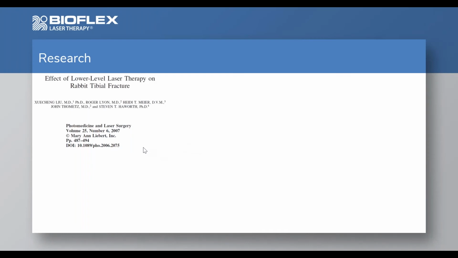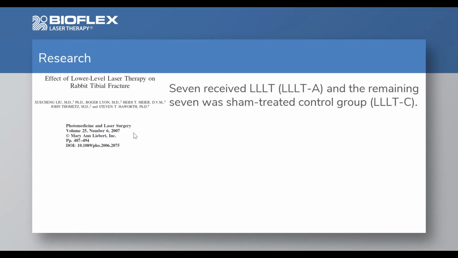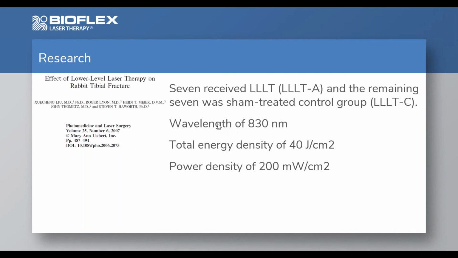Another paper I want to mention, it's an animal model paper. Essentially, what they did here was they looked at creating osteotomies equivalent to a fracture in tibias of rabbits, and some of them received laser therapy, some of them received sham or control.